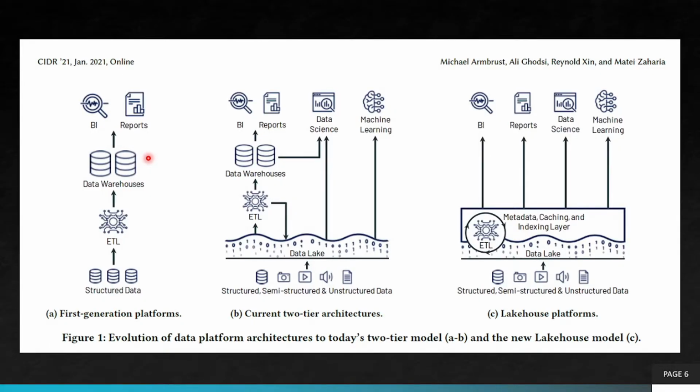So the next generation of platforms is a lakehouse platform, where you have the data lake and then a metadata, caching and indexing layer on top of it. It is much more simplified and you could have BI, reports, data science and machine learning on top of it. This is something great about the Lakehouse platform.